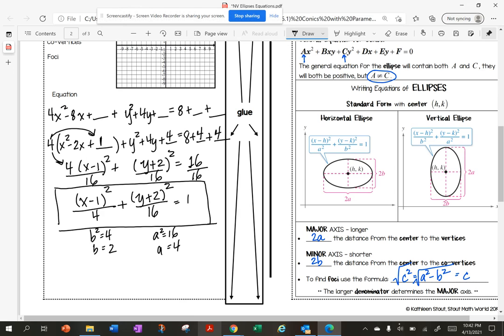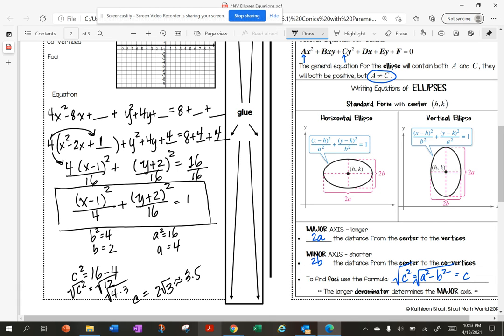So solving for c squared is a squared 16 minus b squared 4. So c squared is 12. So 12 is 4 times 3. So c equals 2 times the square root of 3, which is about 3.5.